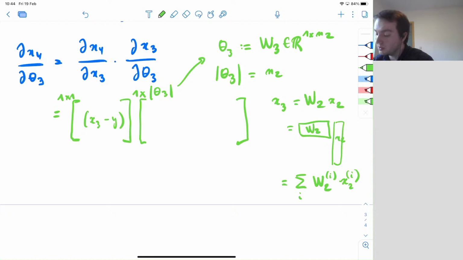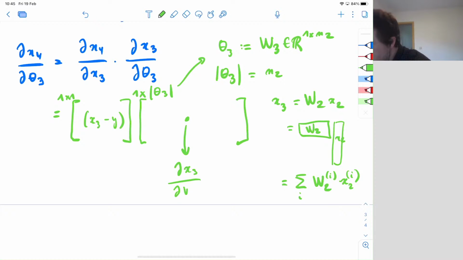And so now what we want here is, for example, x3 with respect to one of these W2i, which you can consider as one of the inputs needed for the computation of the output quantity x3.